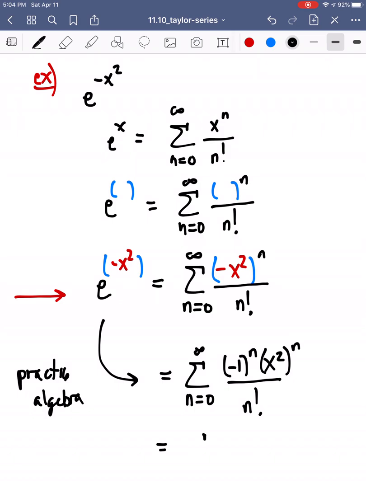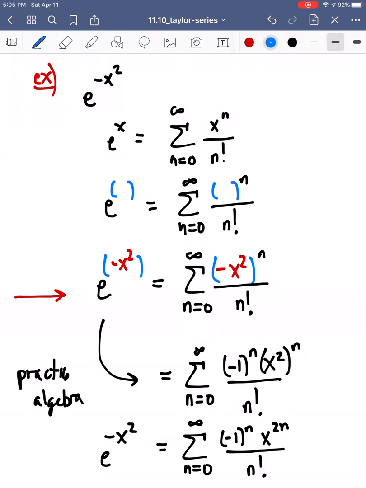And the last thing we could do is, well, if we have that x squared raised to the nth power, that is really just an x to the 2n power. And we could call this our final answer.